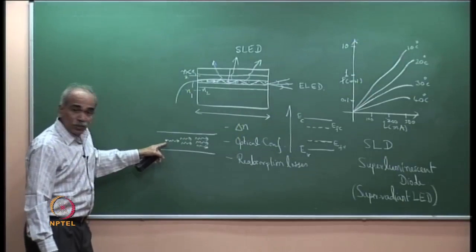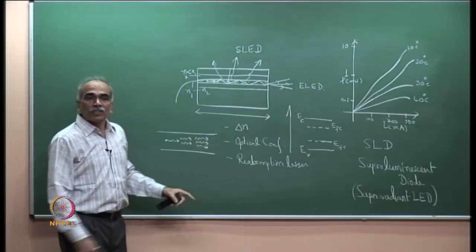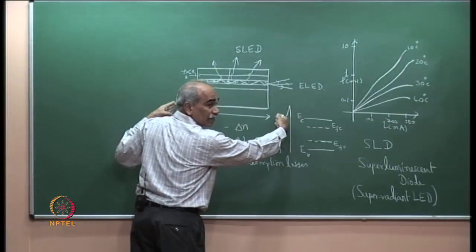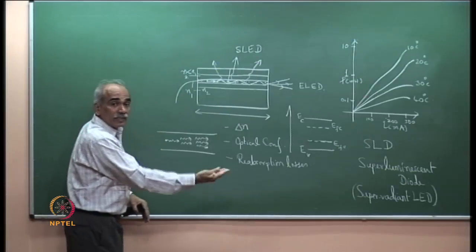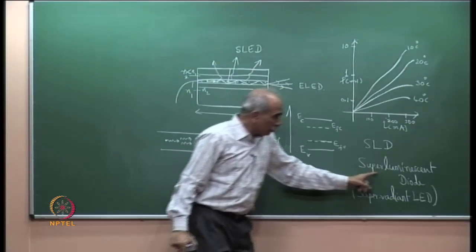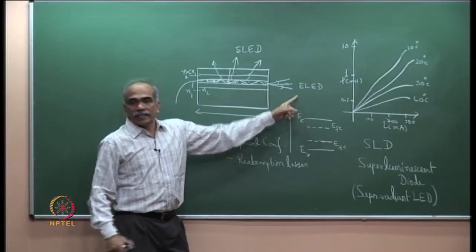That is why more stimulated emission is possible here, and if you increase this length, then stimulated emission can be very significant, and therefore a superluminescent diode is primarily an edge emitting LED.